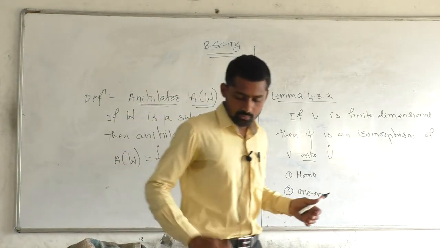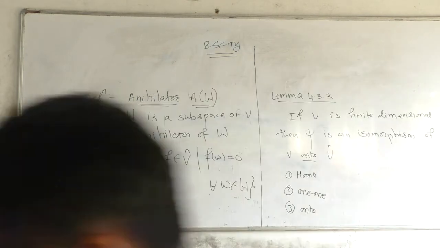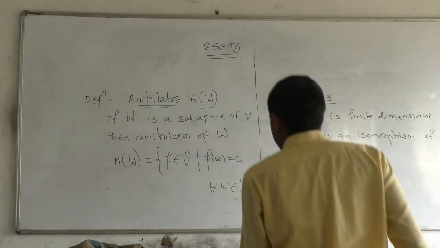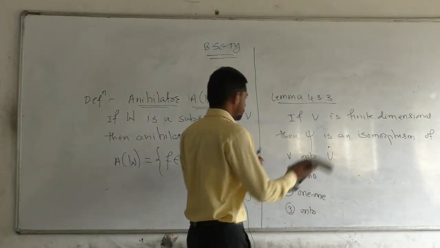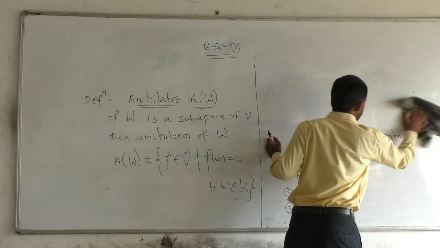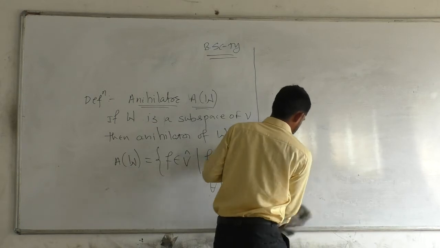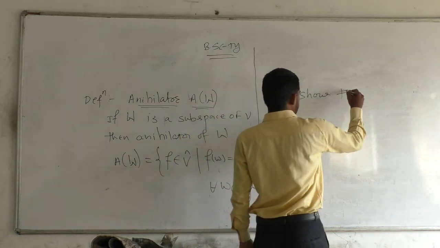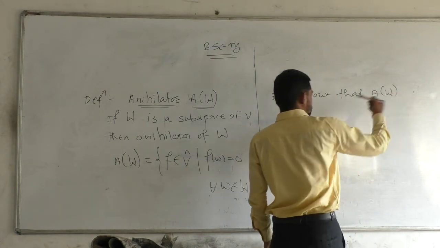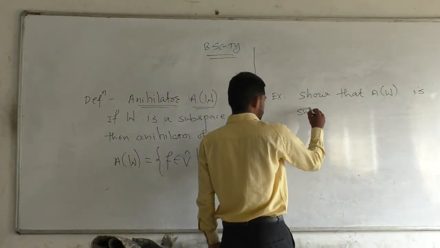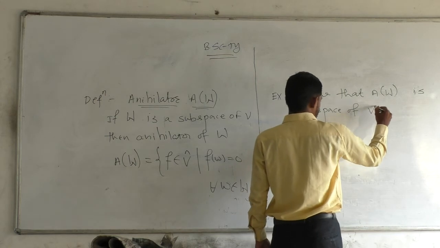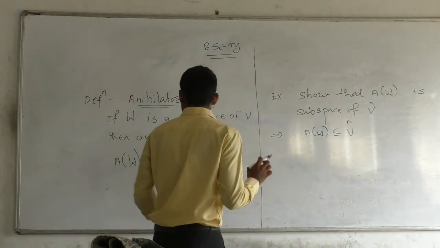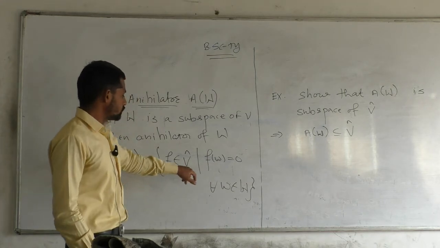Now show that A of W is a subspace of V dual. Example: show that A of W, the annihilator of a subspace W, is a subspace of V dual. Now see that A of W is a subset of V dual because it contains elements which belong to V dual.